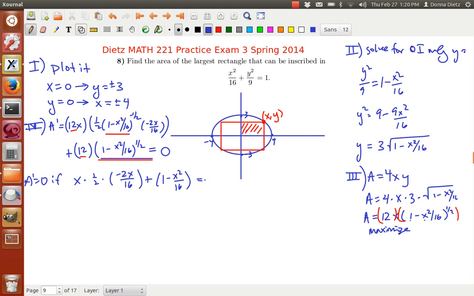That has to equal 0. That's good. See, I'm happy because now I've actually gotten rid of the square root. It's gone, which I didn't want hanging around anywhere.